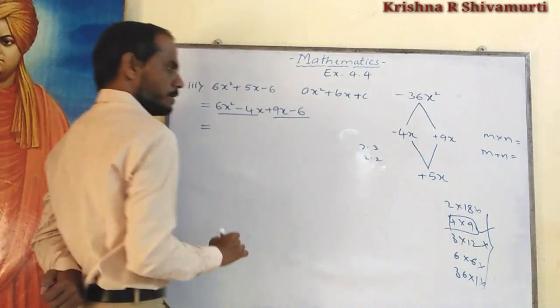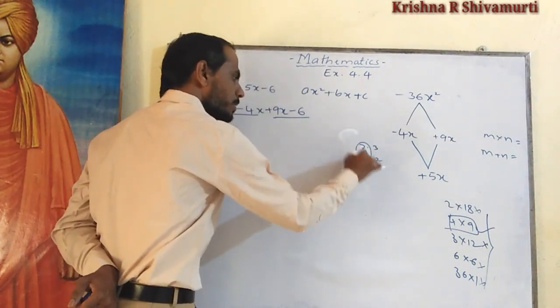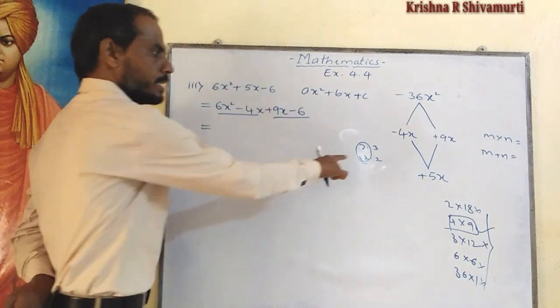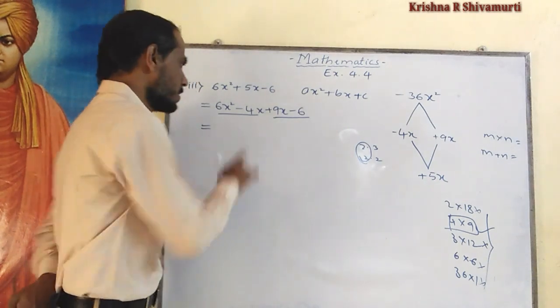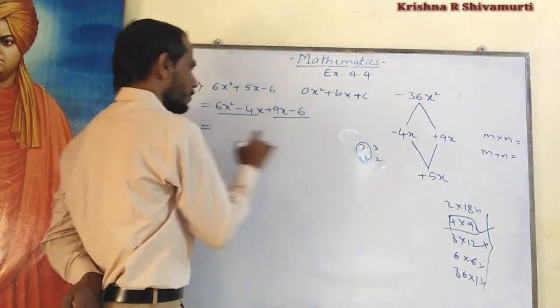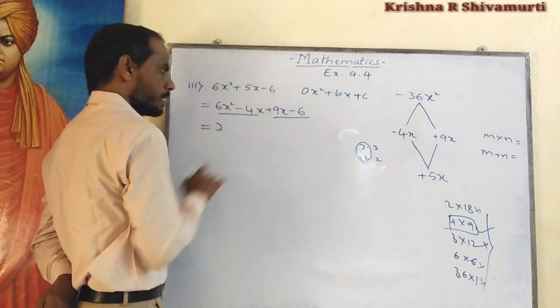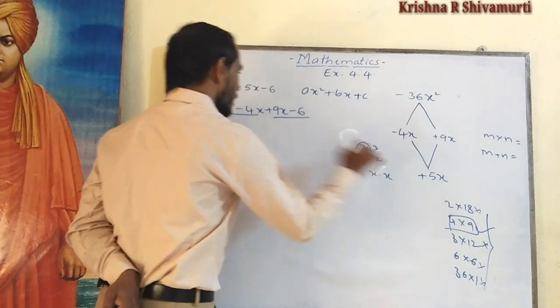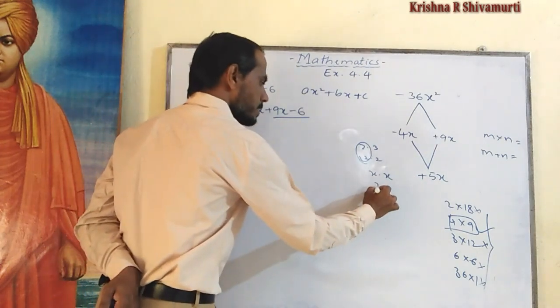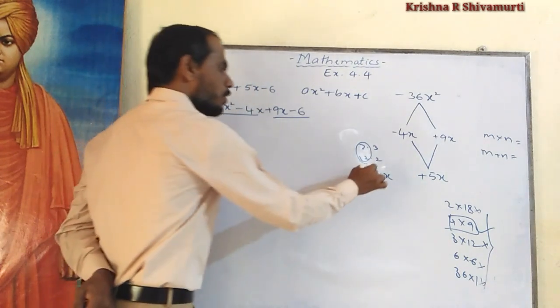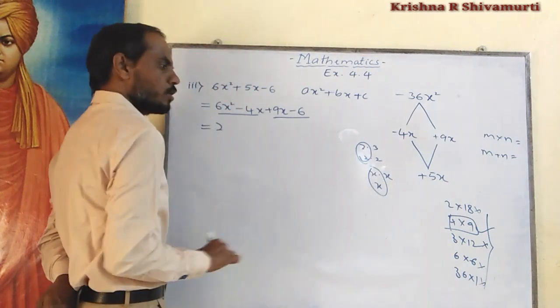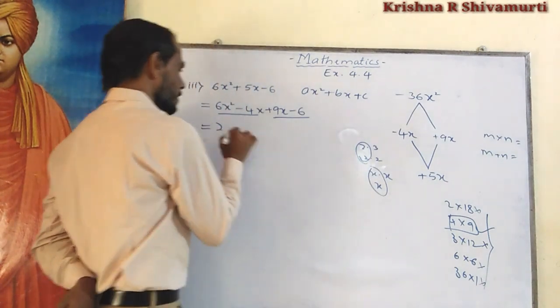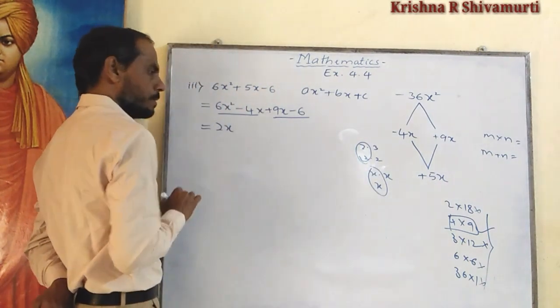What is the common factor here, students? Yes, the common factor is 2. Take the common factor 2. And in x square, x into x, and in x, x. X is also common, both sides have x, so take x as common too.